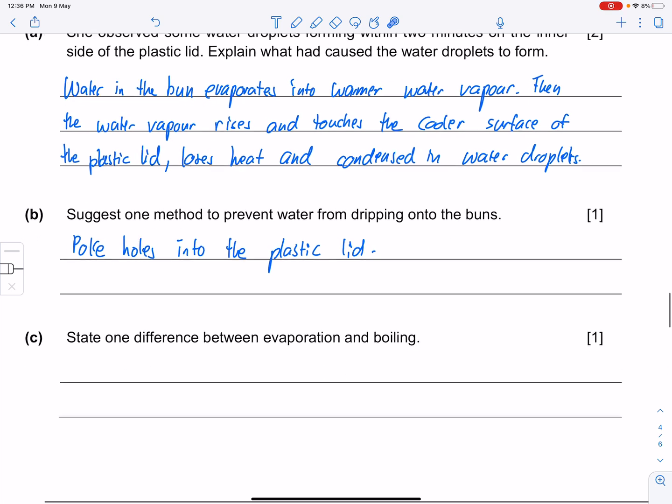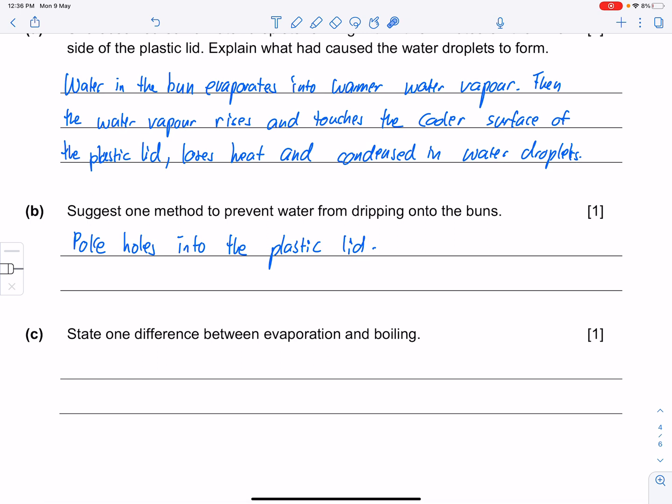State one difference between evaporating and boiling. Now I'm going to tell you two.